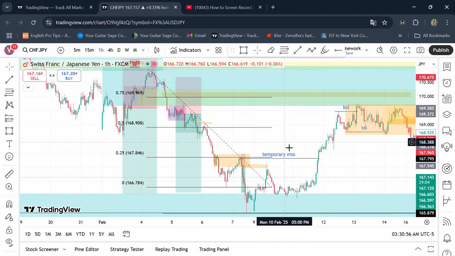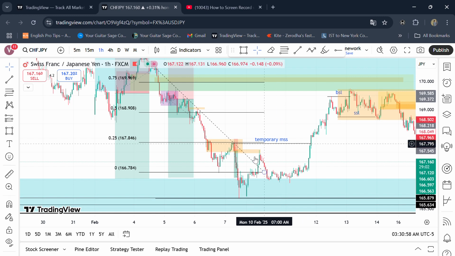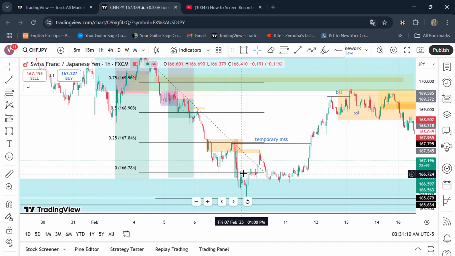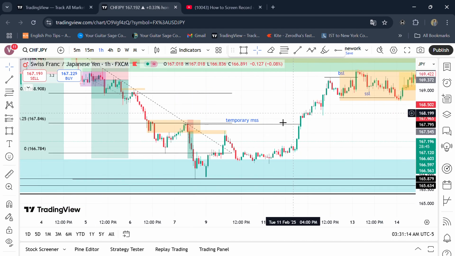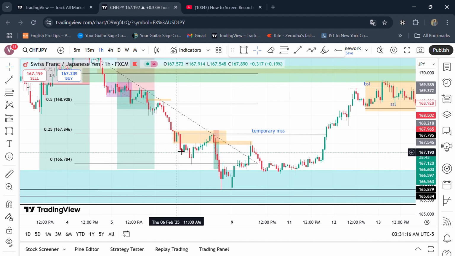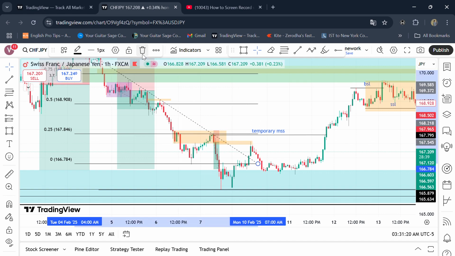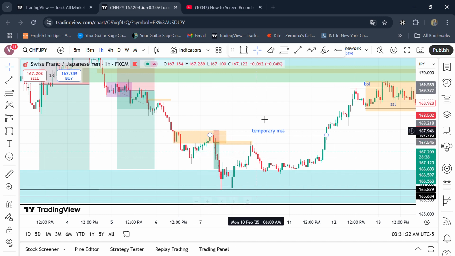And as per Sir's lectures, it is said that when this region is tapped, when the second last quadrant is tapped, it gives a very rapid move downwards towards the end of the quadrant. And that's exactly what happened, and that's why we made an entry here. So we were confident that it would go down rapidly from there.